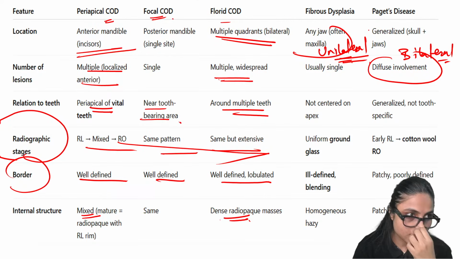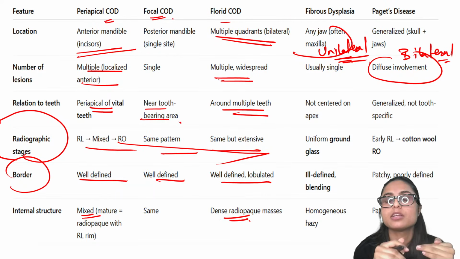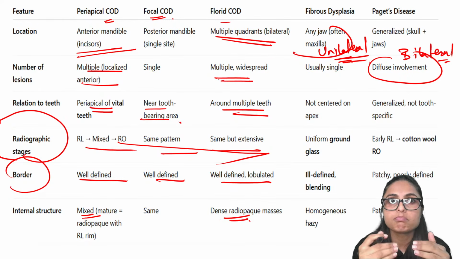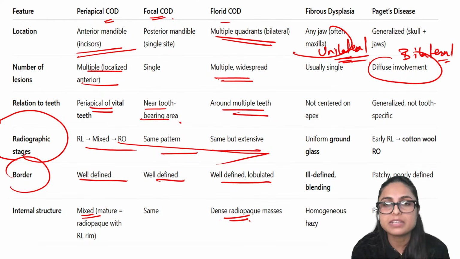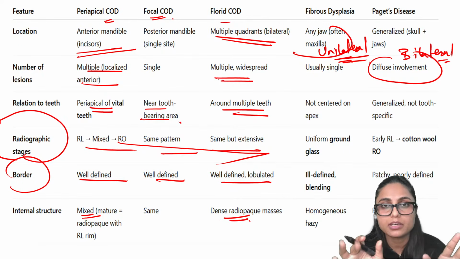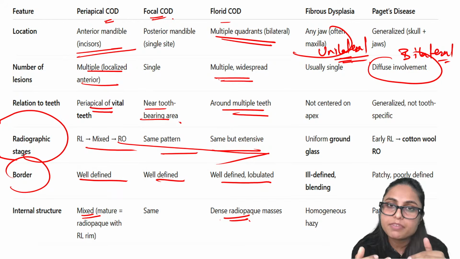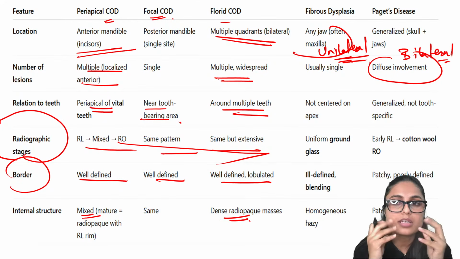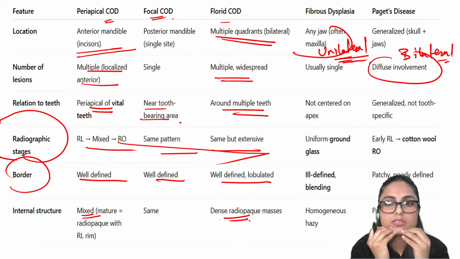Paget's disease is a skeletal condition where multiple bones are affected simultaneously. It is not generalized, that is, all the bones are not affected, but multiple bones are affected simultaneously. So we are concerned with the skull and the jaws here.